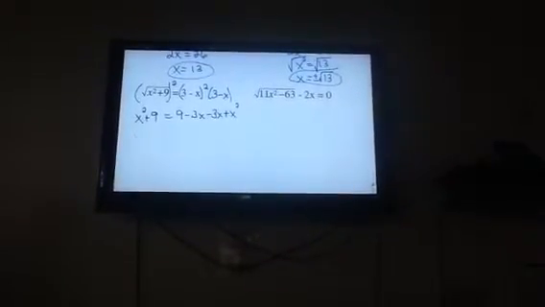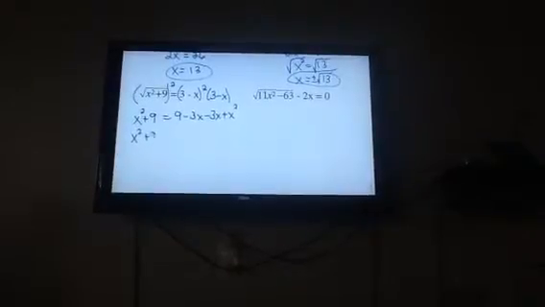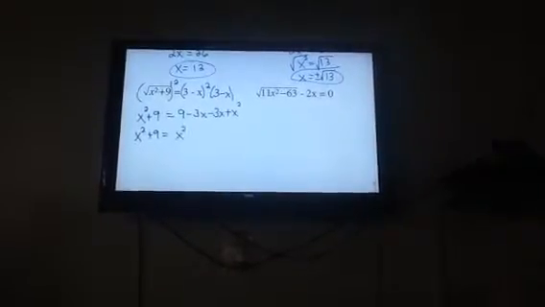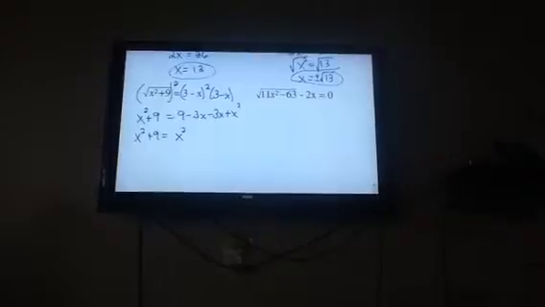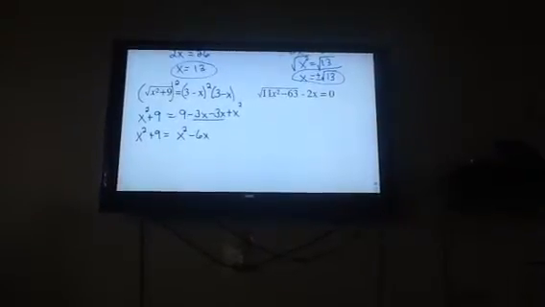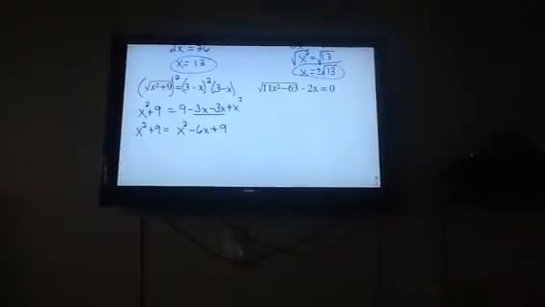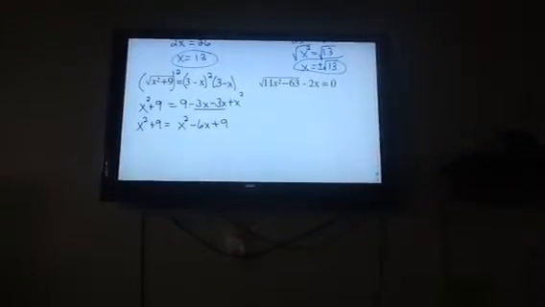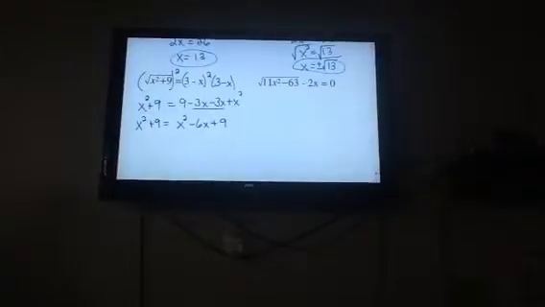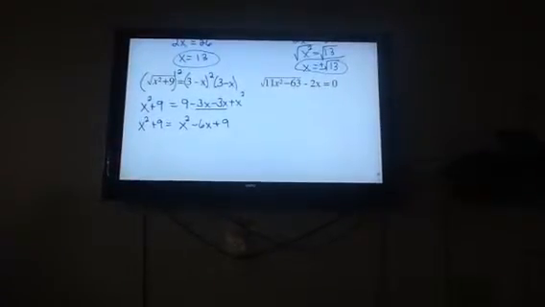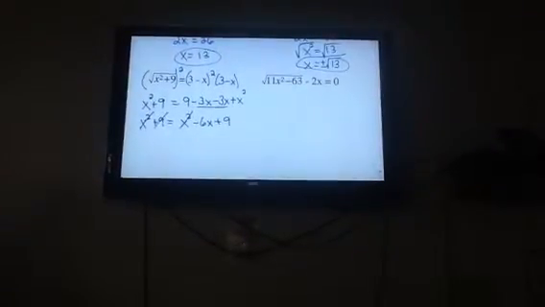So when I collect my like terms on the right side, negative 3 and negative 3 minus 6x plus 9, I continue solving. My x squareds cancel each other out. My 9s cancel each other out.